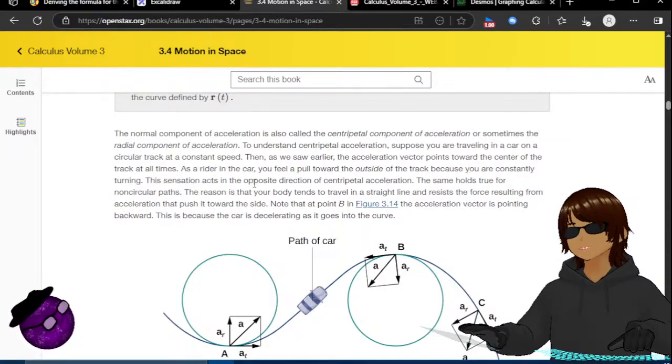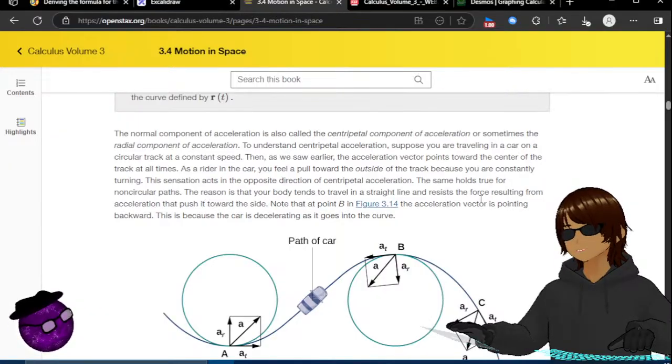This sensation acts in the opposite direction of the centripetal acceleration. The same holds true for a non-circular path. The reason is that your body tends to travel in a straight line and resists the force resulting from the acceleration that pushes it towards the side. Note that at point P, the acceleration vector is pointing backwards. This is because the car is decelerating as it goes into the curve.